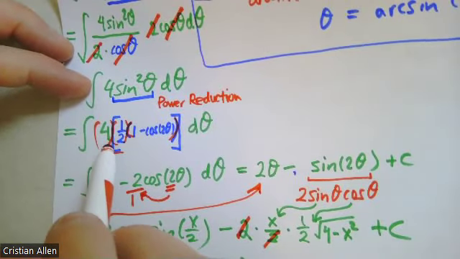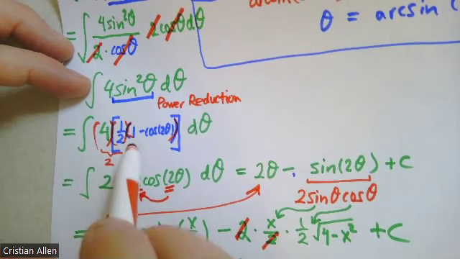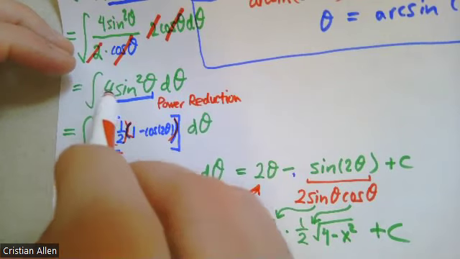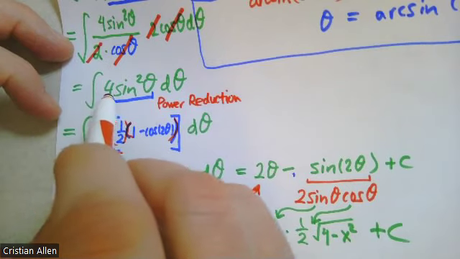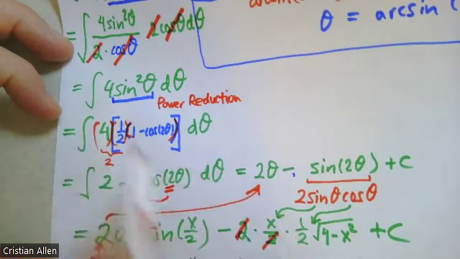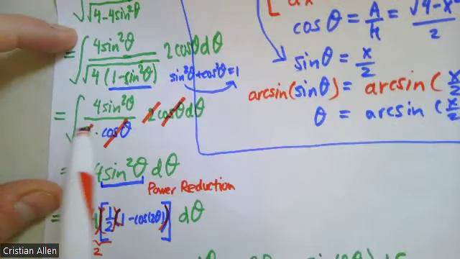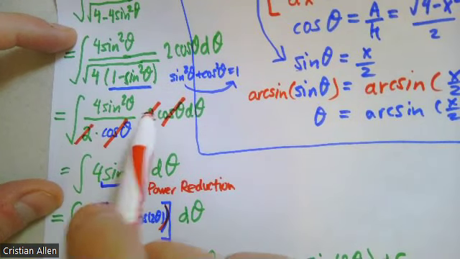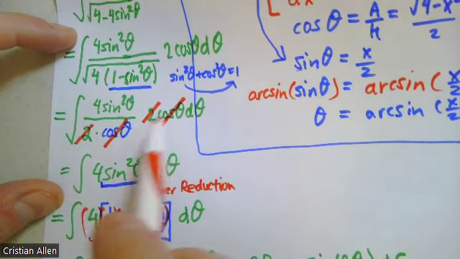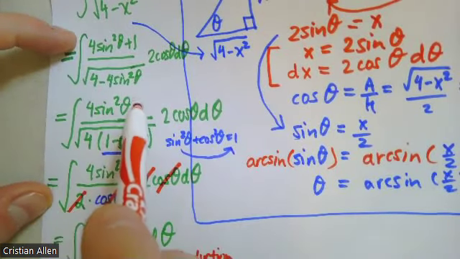This came from a 4 times a 1/2, which is 2, times a 1. That seems fine. That 4 came from right there. The 1/2 is going to come from the power reduction formula. Let's go back up to see if I somehow messed up here. Let's see. Cancel, cancel. 4. This all looks fine. 4 sine theta. Wait a minute.